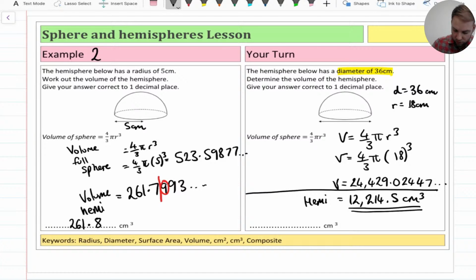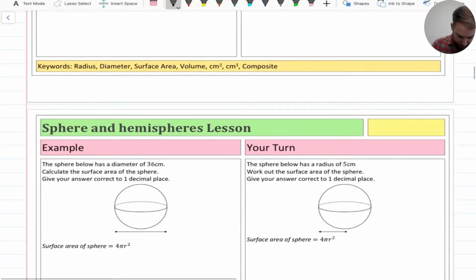So, we've done sphere, we've done hemisphere, so let's step it up a little bit now.